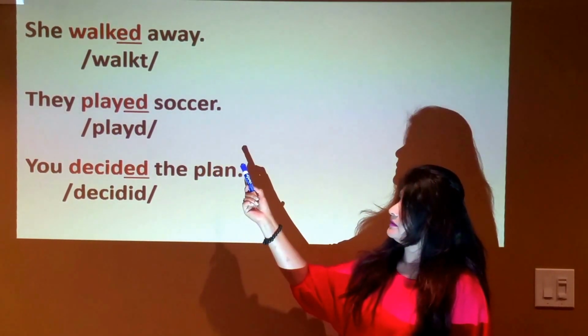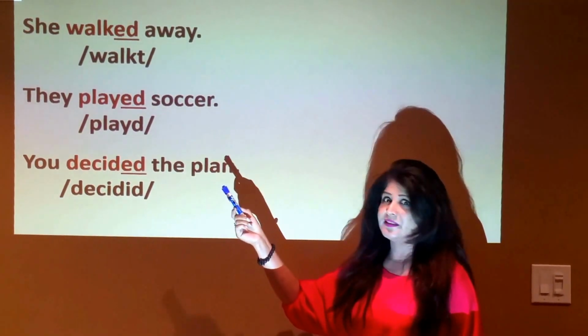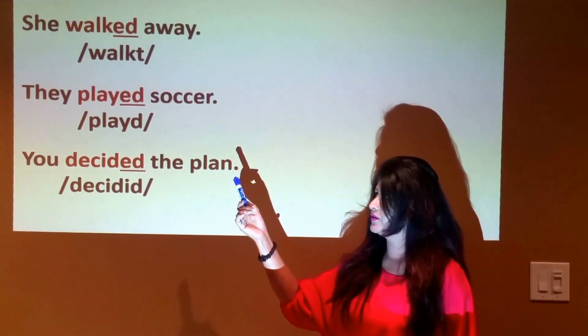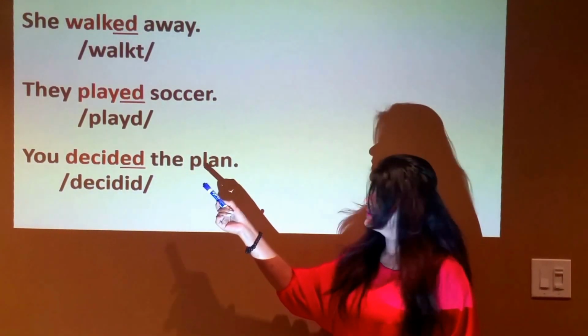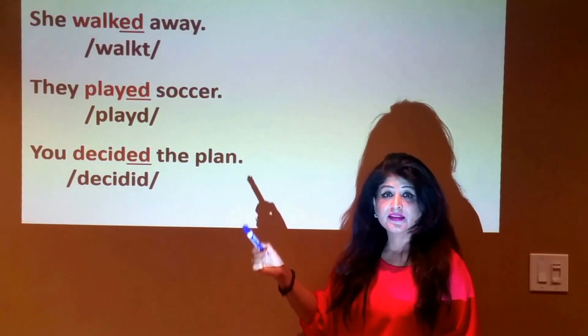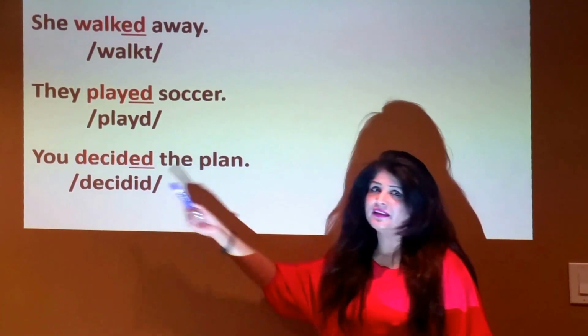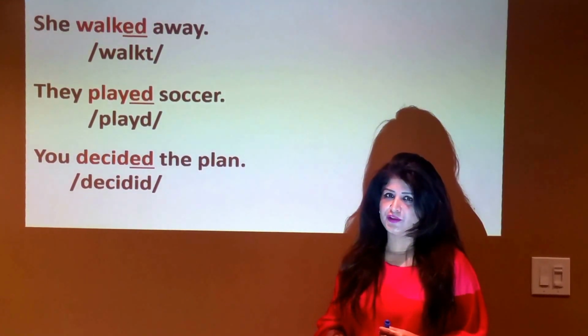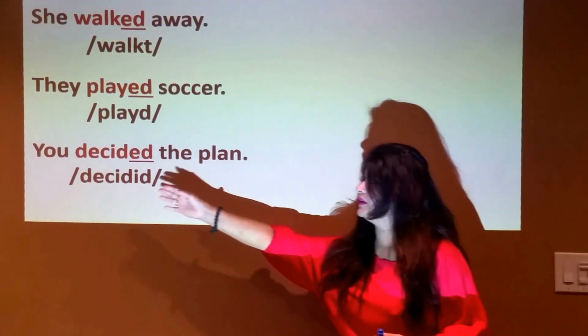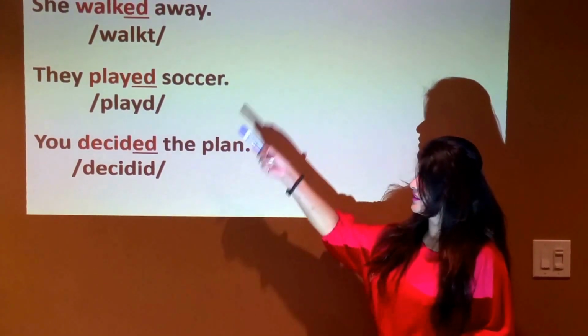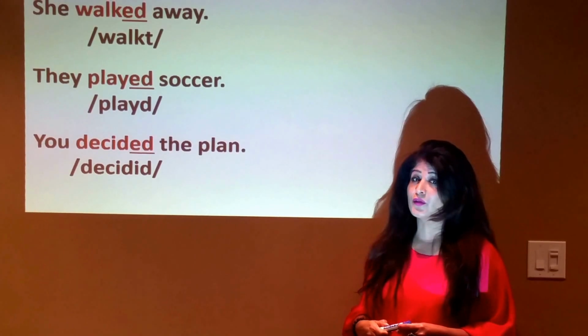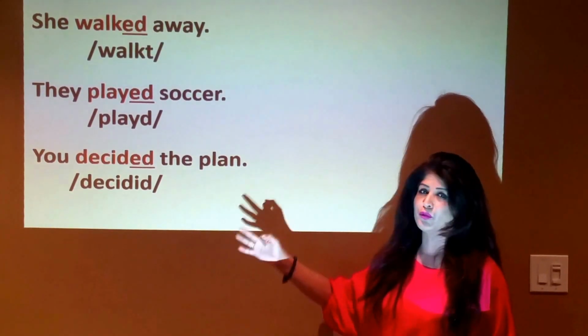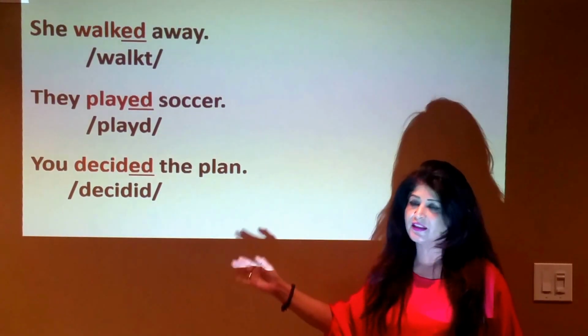They played soccer. Played. You decided the plan. Decided. This id is an extra syllable that you are adding to the verb. When we pronounce them, there is no ed. Three different ways: t, d and id.